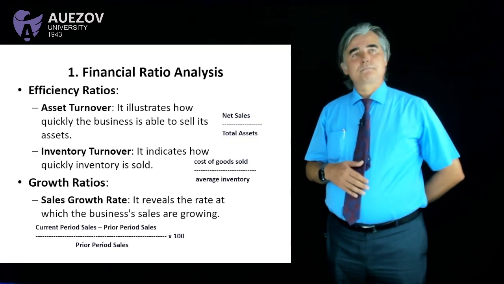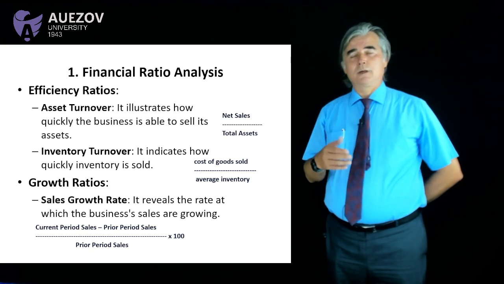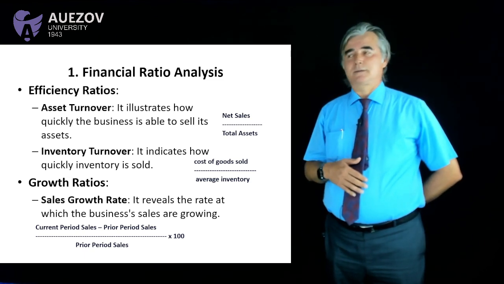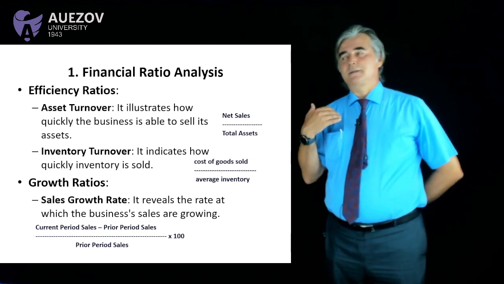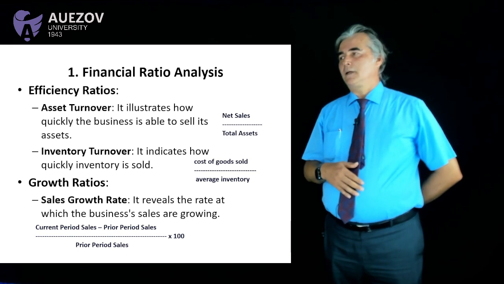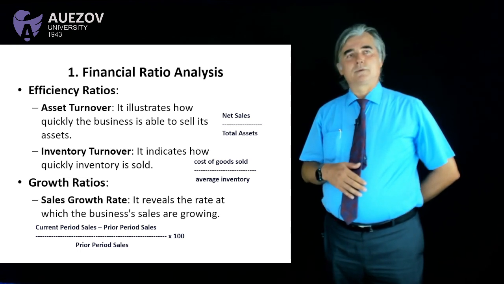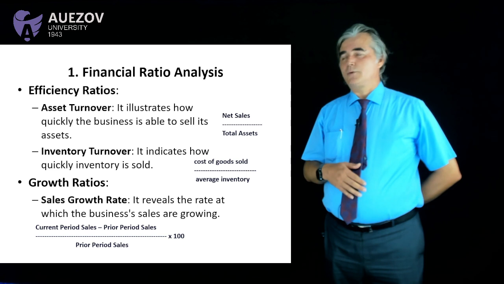The other financial ratio is efficiency ratio. Also, I give only two. One of them, asset turnover, shows us how quickly the business is able to sell its assets. And the other ratio is growth ratio, the sales growth ratio.